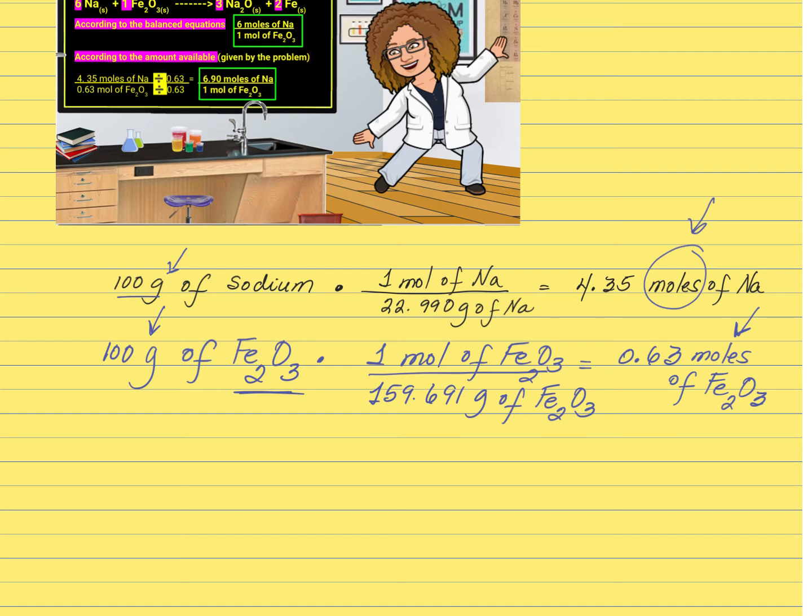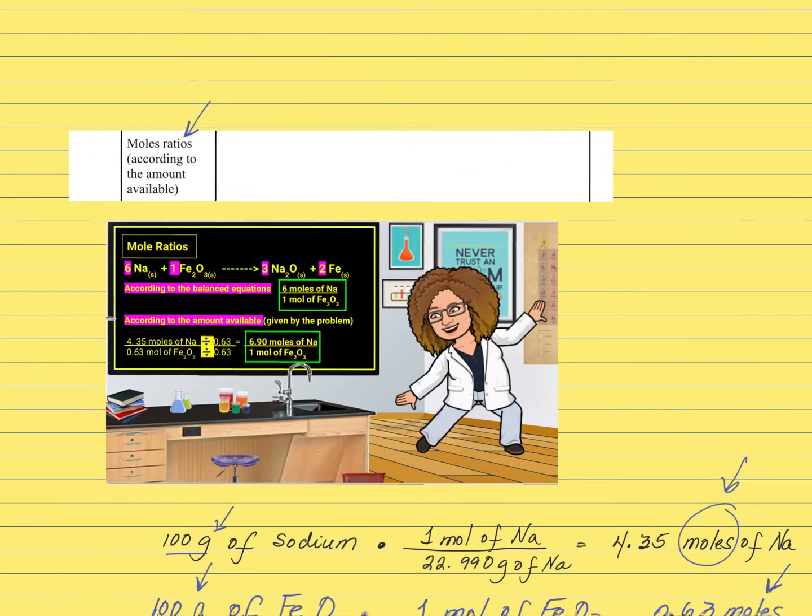No, you have 4.35 moles of sodium reacting with 0.63 moles of iron trioxide. And that's what you have to put over here.